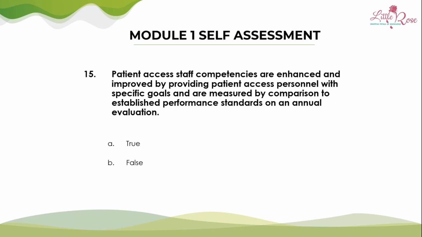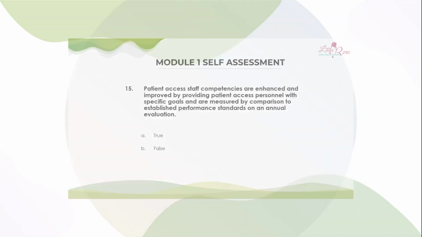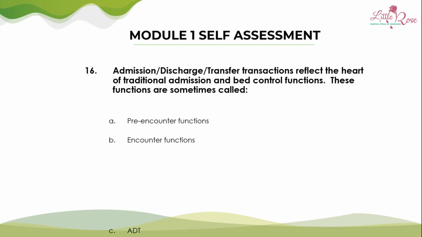Question number 15. Patient access staff competencies are enhanced and improved by providing patient access personnel with specific goals and are measured by comparison to established performance standards on an annual evaluation: A. True, B. False. Question number 16.